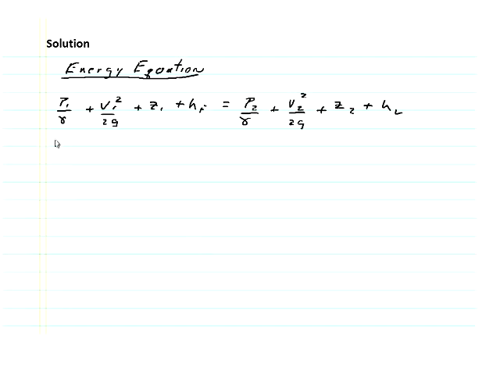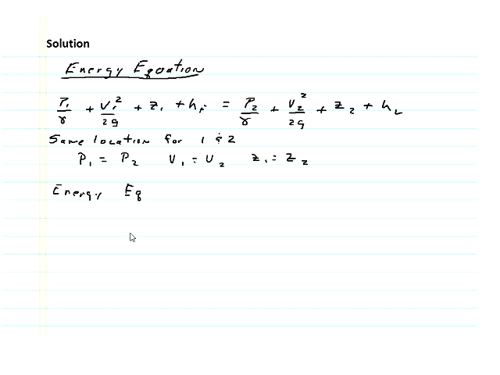So if we pick the same location for 1 and 2, we'll have the pressure at 1 equals the pressure at 2, the velocity at 1 equals the velocity at 2, the elevation at 1 equals the elevation at 2. So the energy equation reduces to: the head that must be produced by the fan equals the head loss due to friction and fittings.